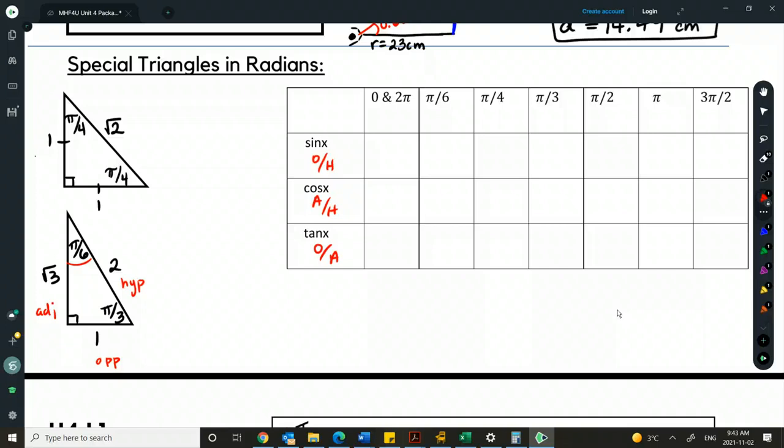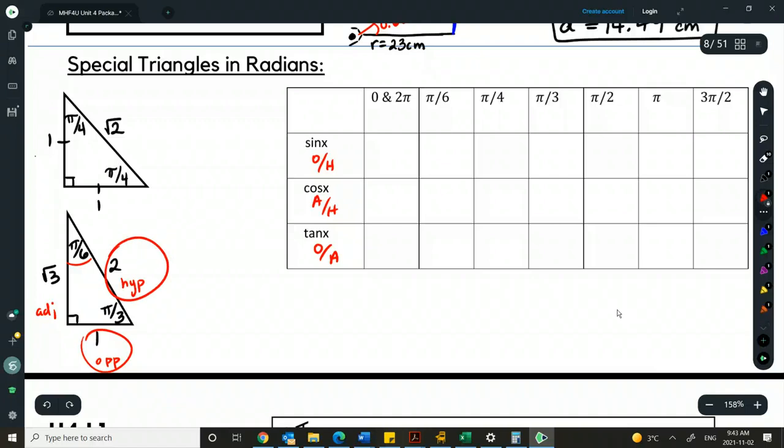So sine of pi over 6, opposite over hypotenuse, should be 1 over 2. Cosine, adjacent over hypotenuse, should be root 3 over 2. And tan, opposite over adjacent, should be 1 over root 3.